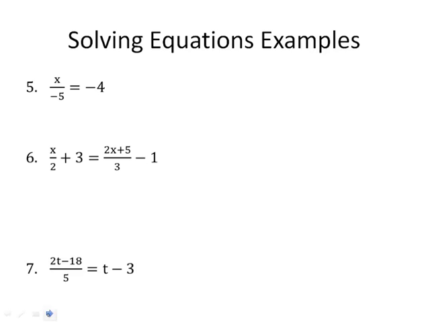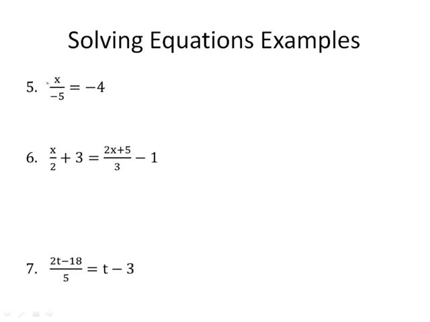To determine a number that will help us, we look at the denominators of our fractions. In number 5, the only denominator here is negative 5. You want to take the common denominator of all your numbers. In number 6, with 2 and 3, the common denominator would be 6. We'll look at that in a second.